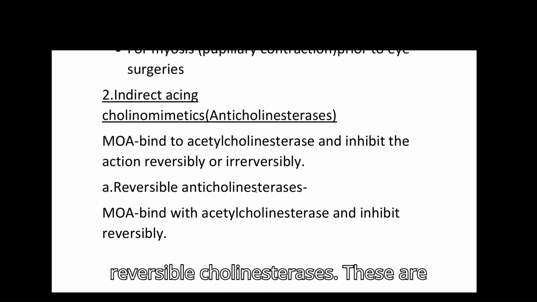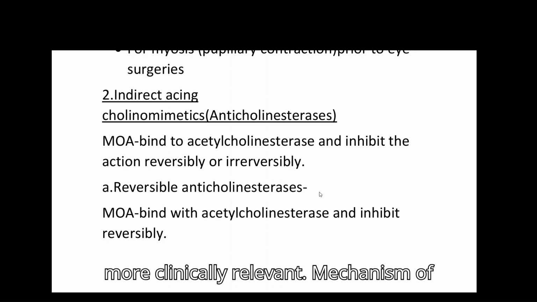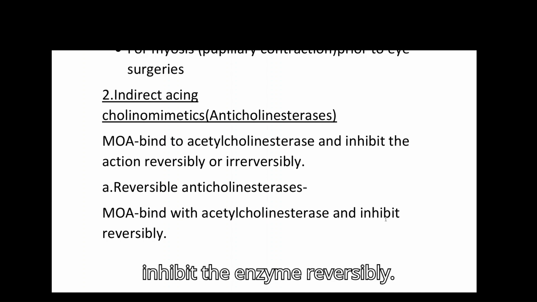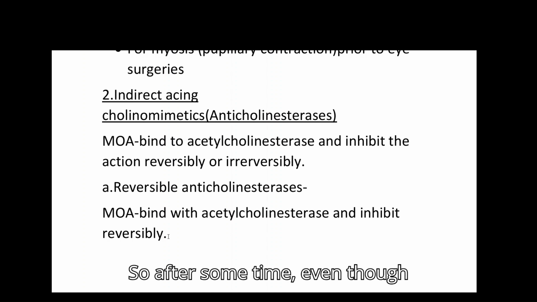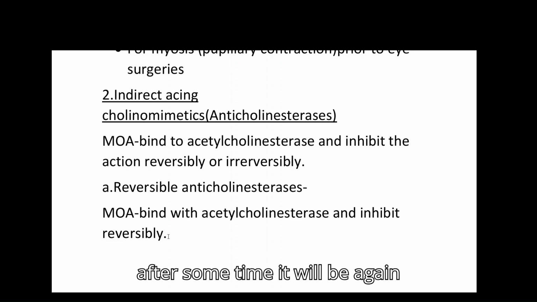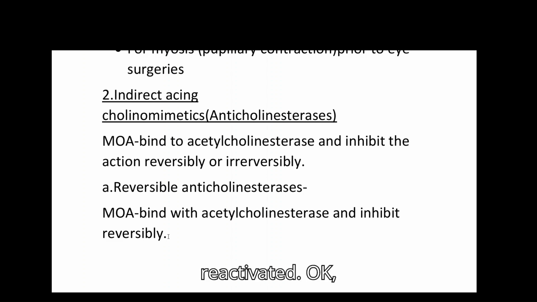First one is reversible cholinesterase inhibitors. These are more clinically relevant. Mechanism of action: bind with acetylcholinesterase and inhibit the enzyme reversibly. So even though acetylcholinesterase will be inhibited, after some time it will be reactivated again.